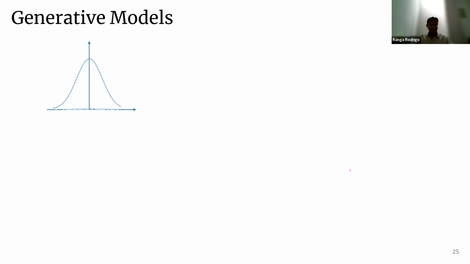Okay, think about this normal curve. Think about this as the Z score. Students who have Z score 0 are so many. The density here is very, very high.